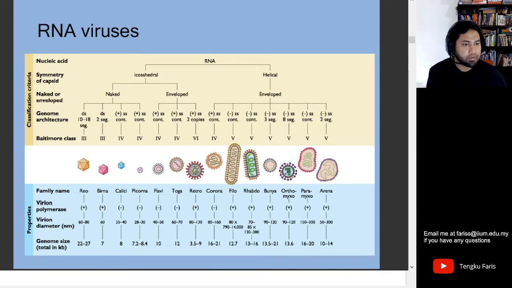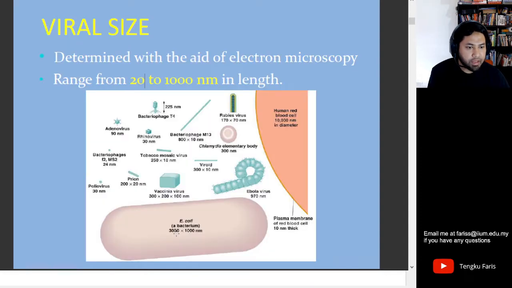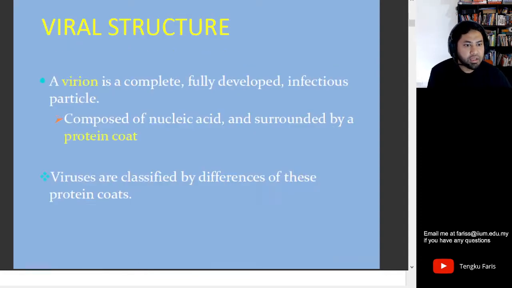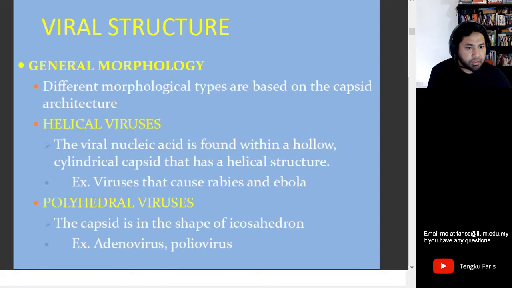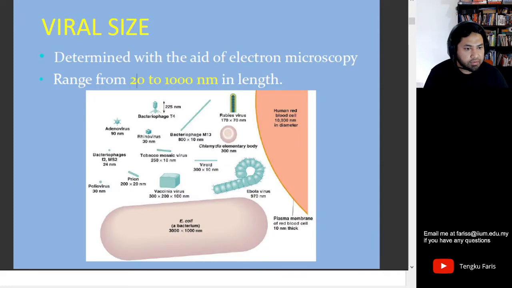I'm sorry, previously it's not the mRNA. If you look at the previous one, this resembles the virion diameter in nanometers and also the genome size.